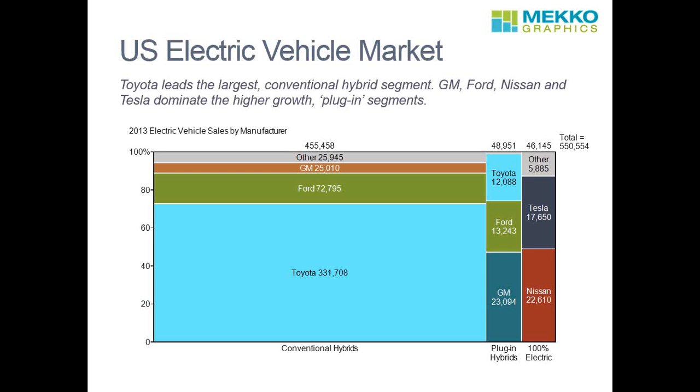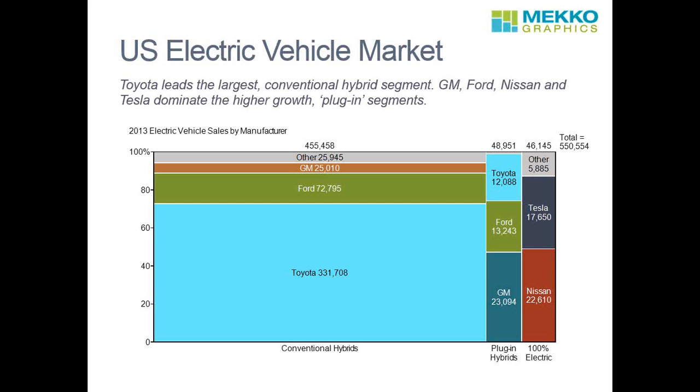And what I mean by mapping a market is breaking a market down by market segment and by competitor. And in the Marimekko chart, the market segments are the bars, and the widths of the bars correspond to the size of the market segment. And the individual segments in the Marimekko chart are the competitors in that market segment.